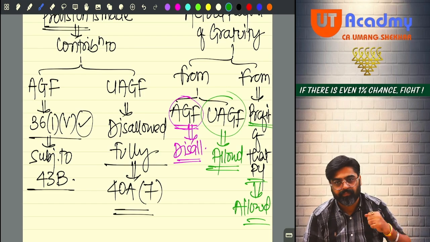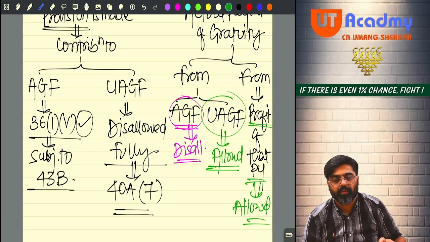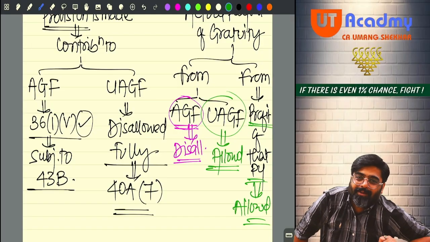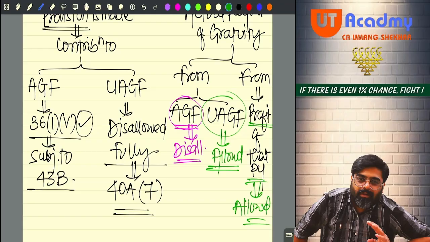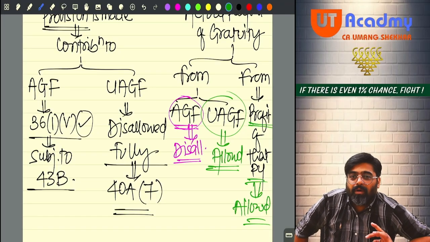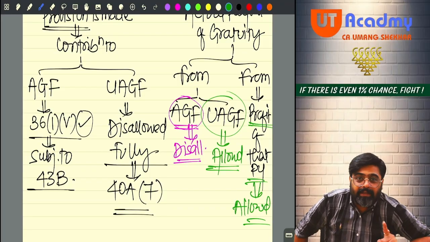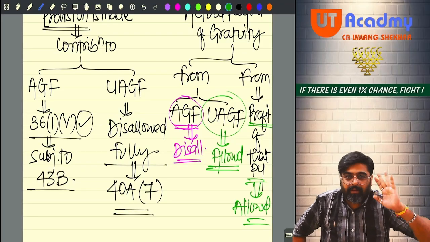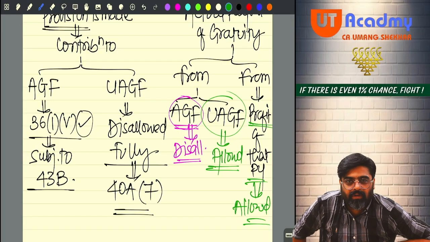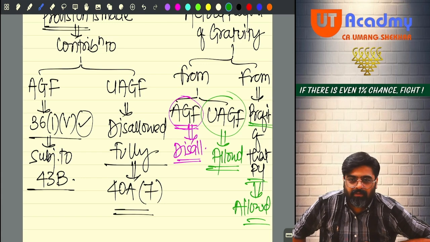40A7 done. Now if you read that part, few things you will understand. Few things, not all. But if you read that part a second time or third time, this entire concept will stick in your mind. Right now also this is done in such a way that you are not going to forget it, at least till your exams.